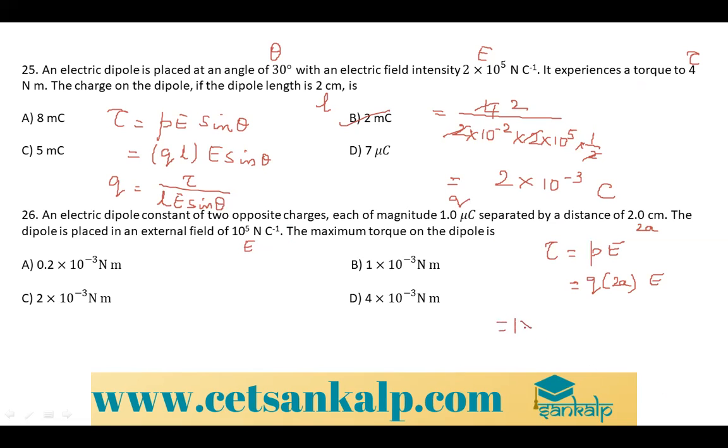So 1 into 10 to the power minus 6 into 2 into 10 to the power minus 2 into 10 to the power 5. So 2 into 10 to the power minus 3 Newton meter. So option C is the right answer. Understood? Right.